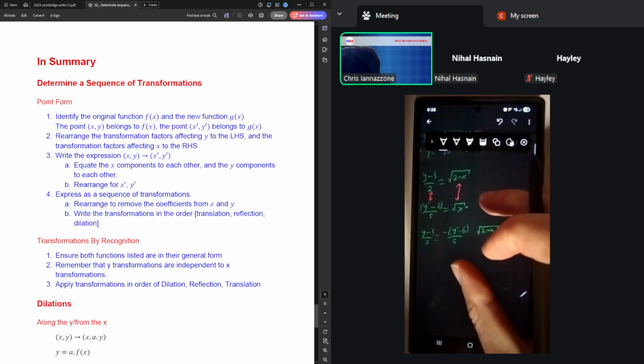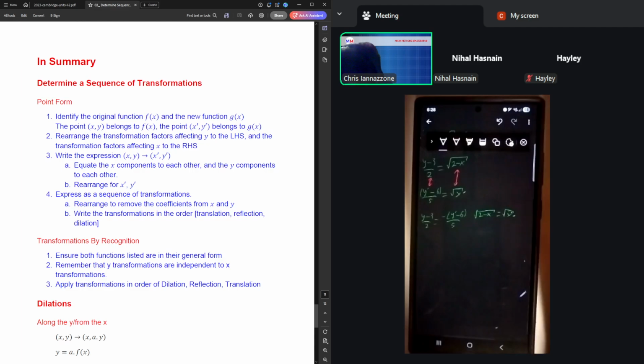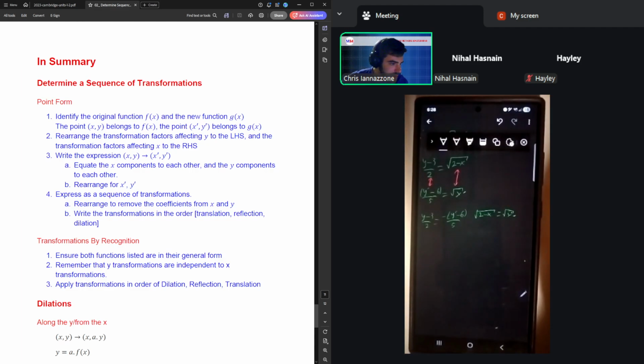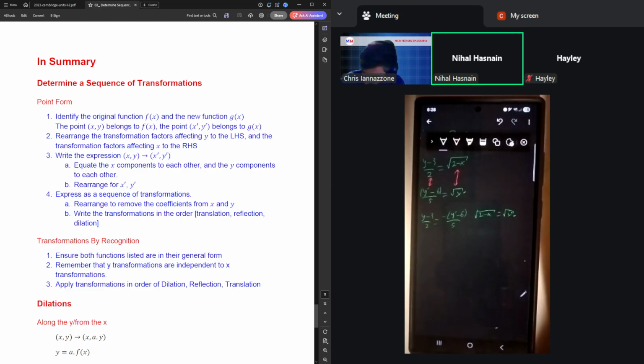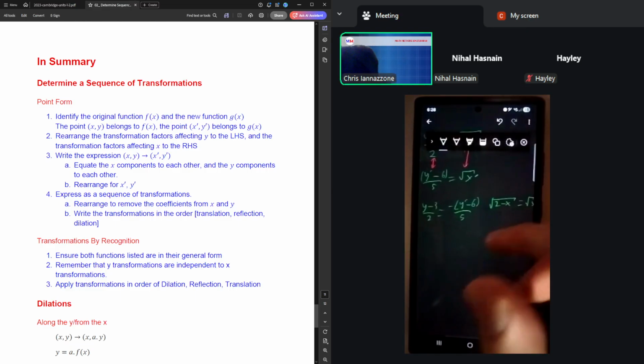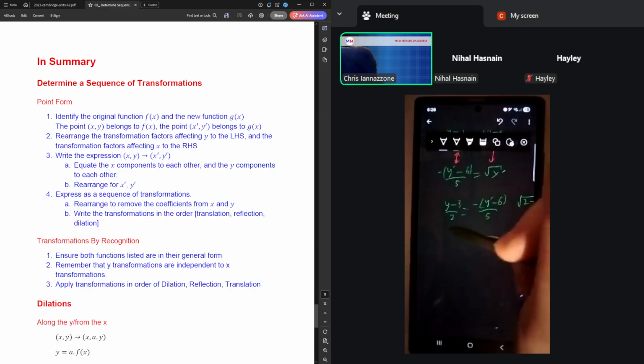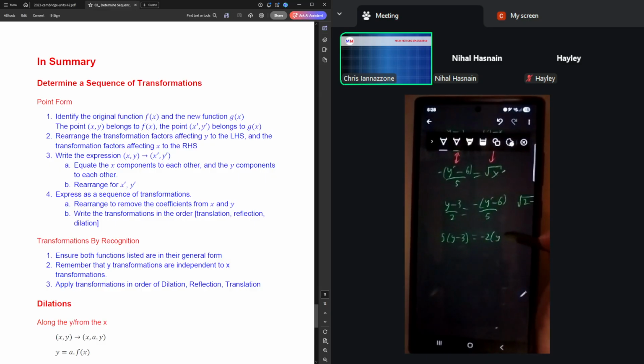Which variable do we need to rearrange for? The dashes or the non-dashes? The dashes. This shouldn't be too bad. Cross multiply. 5 bracket y take 3 equals negative 2 bracket y dash take 6.